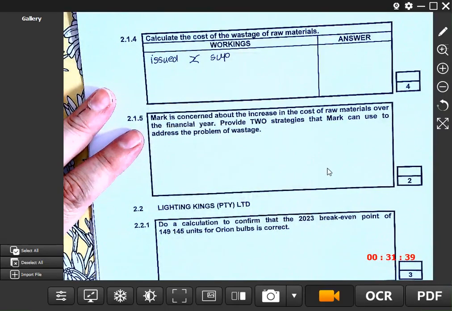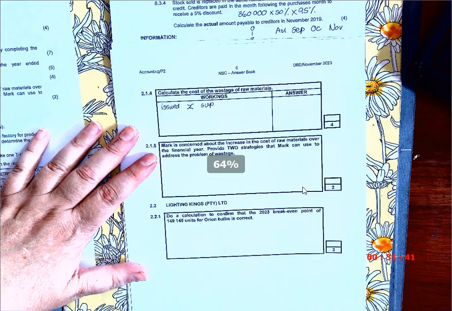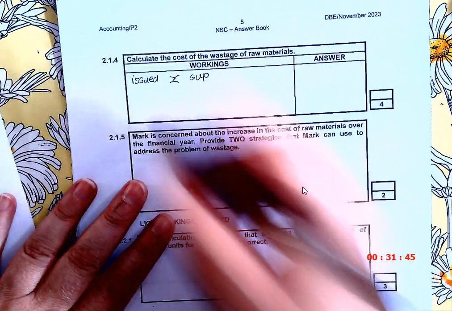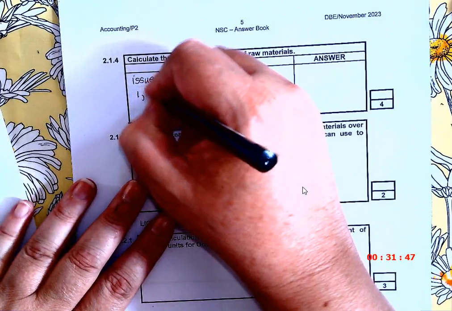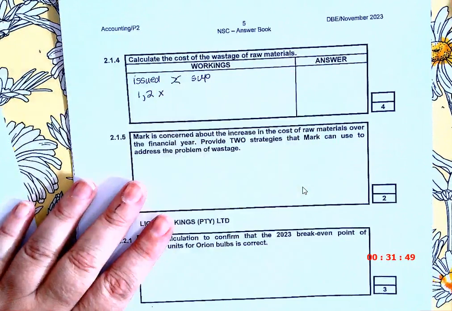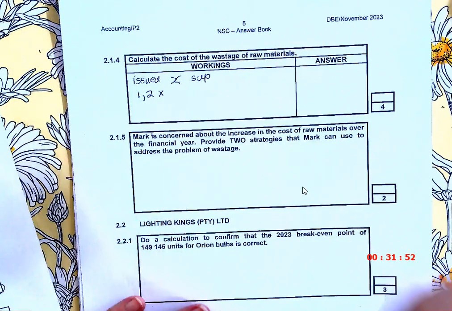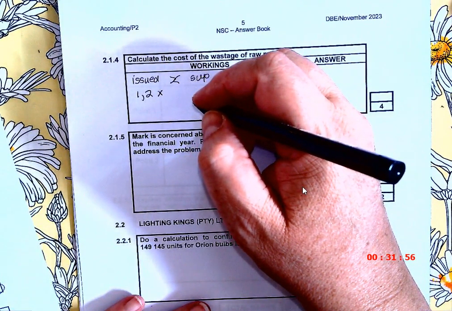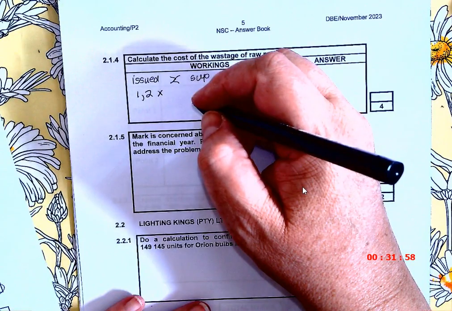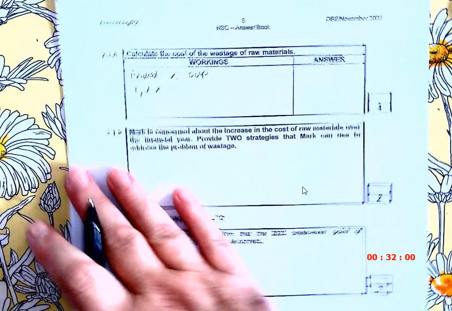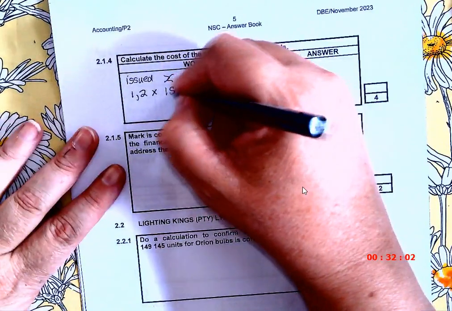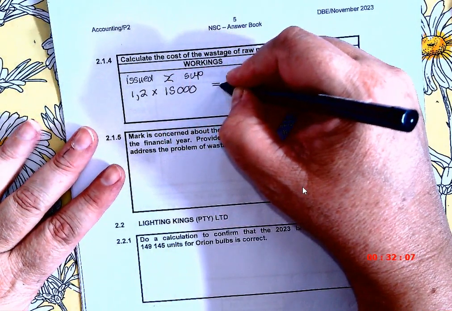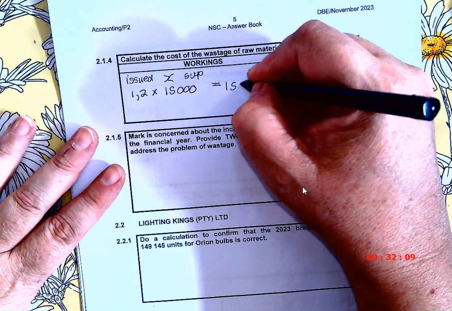Okay, so they tell us here, first of all, I need 1.2 meters to make a t-shirt. How many t-shirts did I make? Oh, they say almost 15,000. So how many meters was I supposed to use? 15,000.